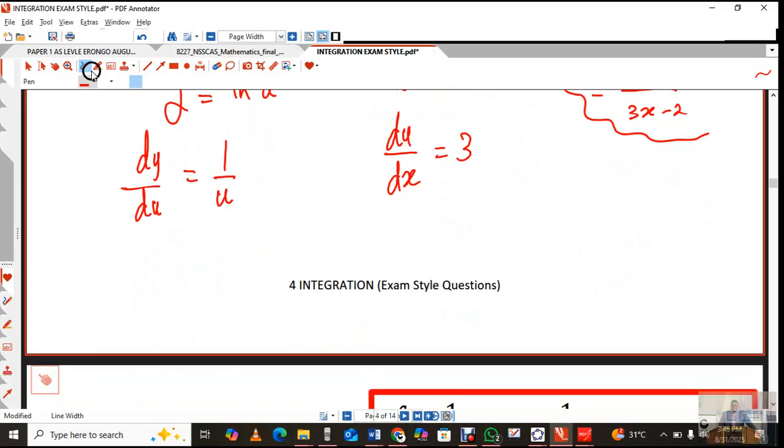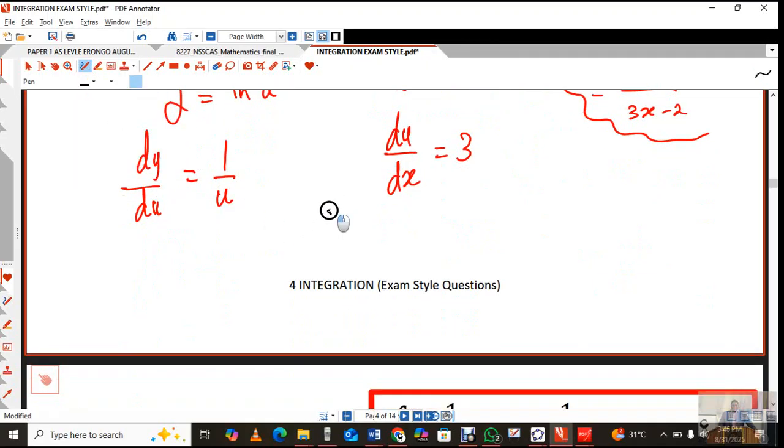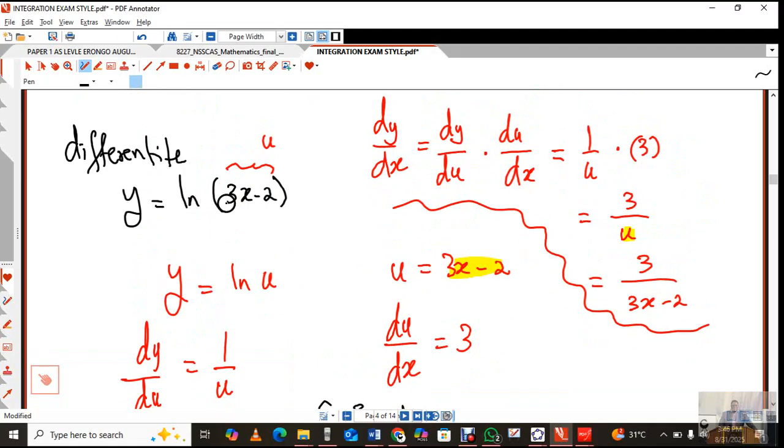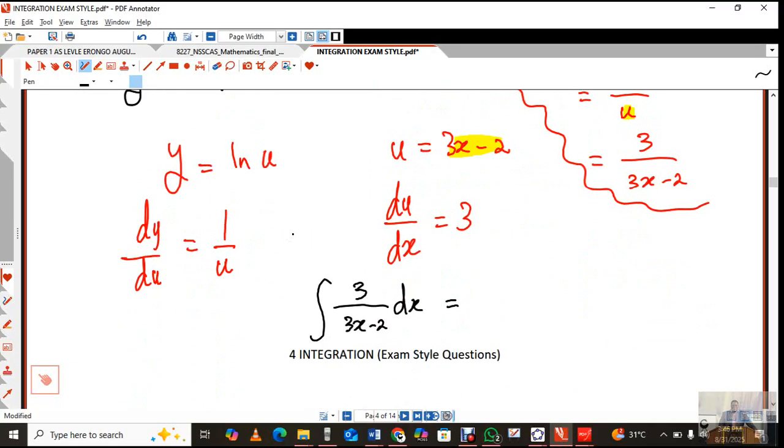So therefore if I was to integrate something like this, which is 3 over 3x minus 2 with respect to x, it should equal, let's go back all the way, the natural log of 3x minus 2 plus the constant of integration.